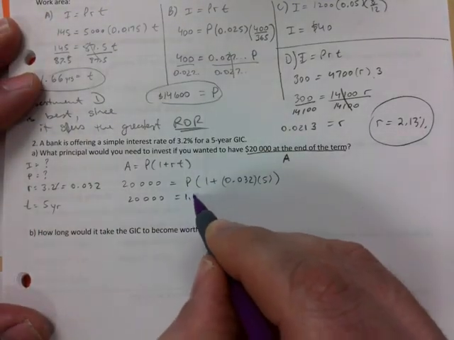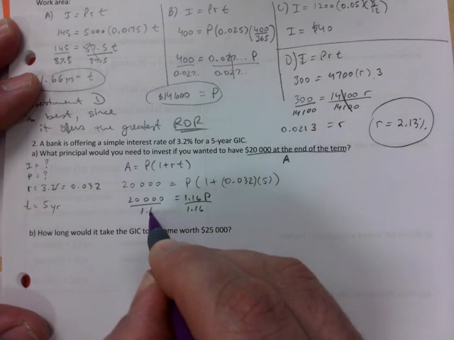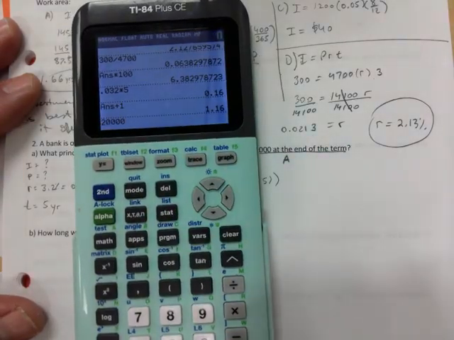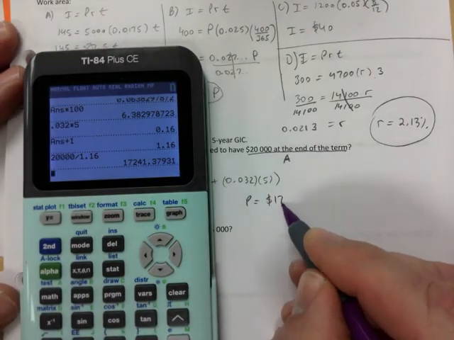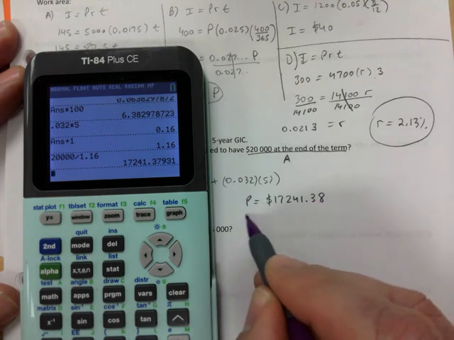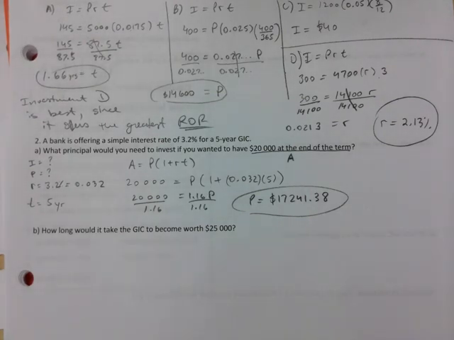So that's 1.16P. Divide both sides by 1.16. P is 17,241.38. So that's how much would have had to be invested at the beginning.